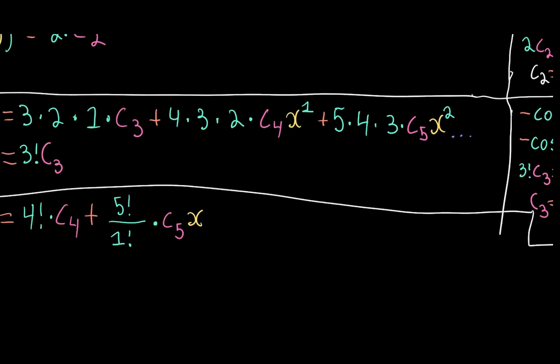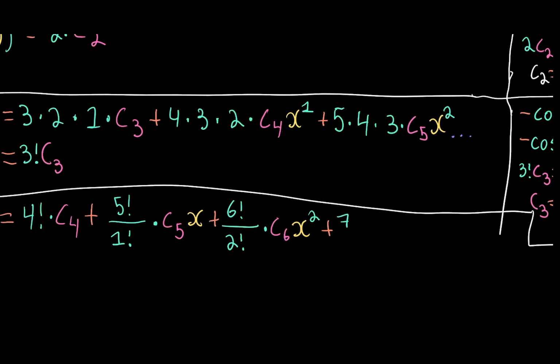And then our next term becomes 6 factorial divided by 2 factorial times C6 times x to the power of 2. And then let's do this one more time.